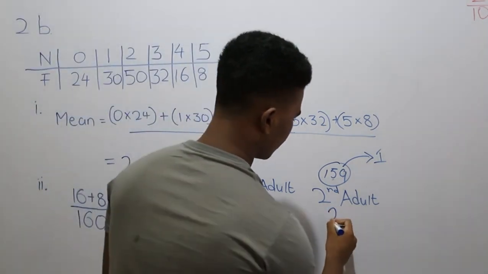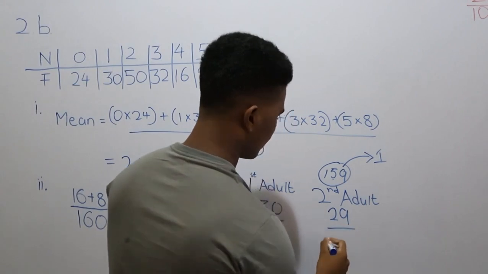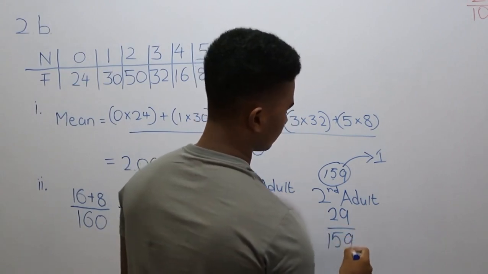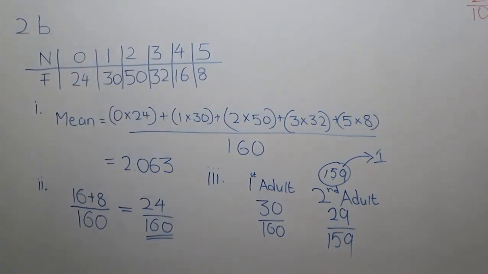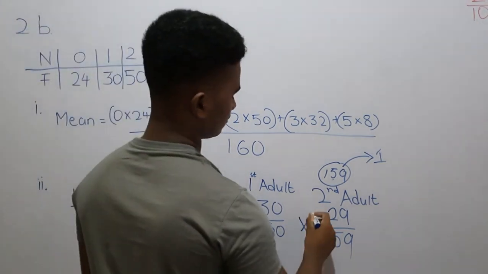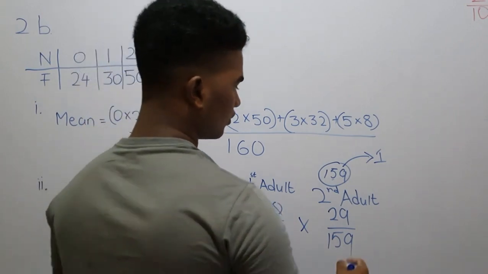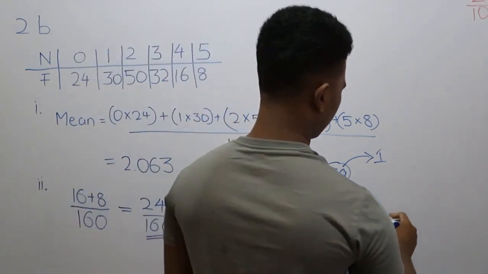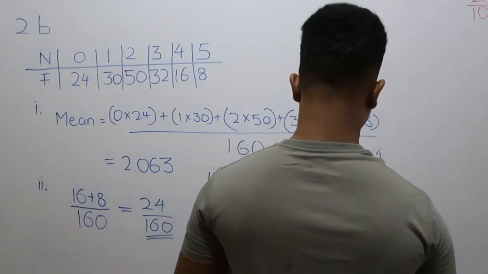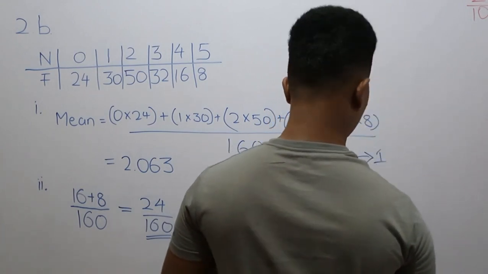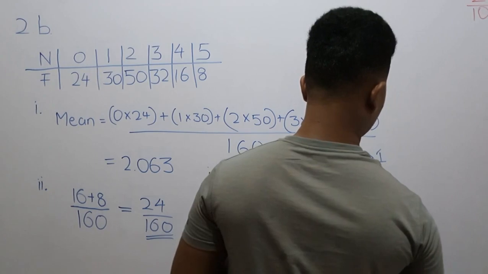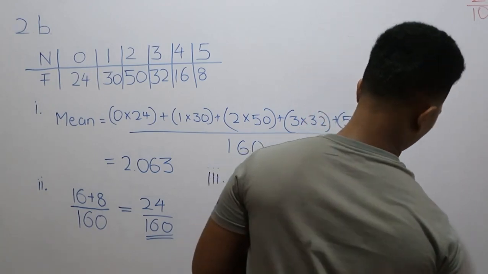So 29 over 159 is the probability. Since they are being taken one after the other, you should multiply. The zeros will get cancelled. So when you simplify, you are getting the answer as 29 divided by 848. This is your final probability.